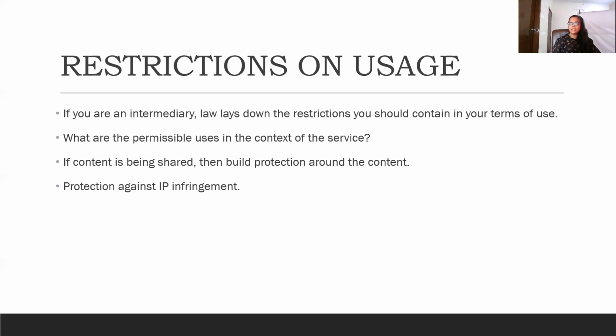These are certain things which you need to include in your terms of use if you are an intermediary or a platform.